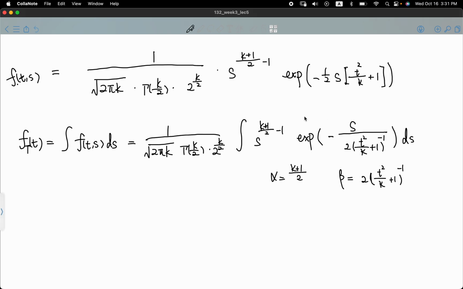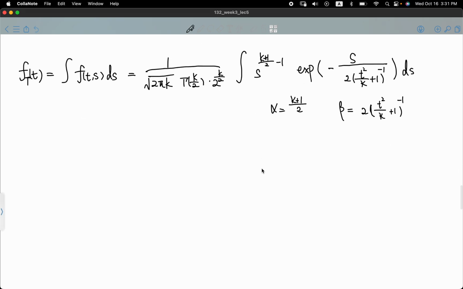Now we know the result that when you integrate a kernel function, you should get a formulation in the following way.